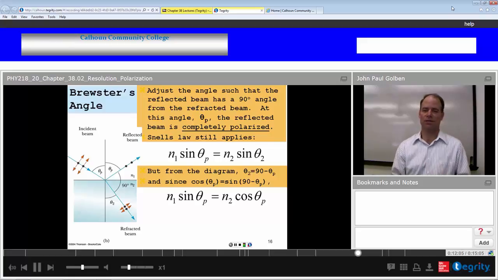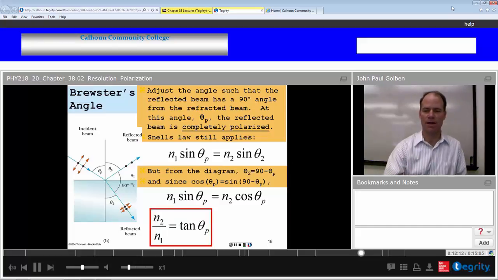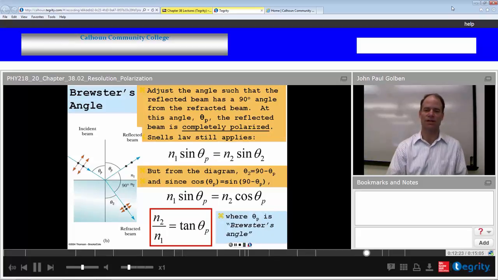And if we divide both sides of this equation by the cosine of our polarizing angle and divide by N1, we get that index 2 divided by index 1 is equal to the tangent of this polarizing angle. This is called Brewster's angle.